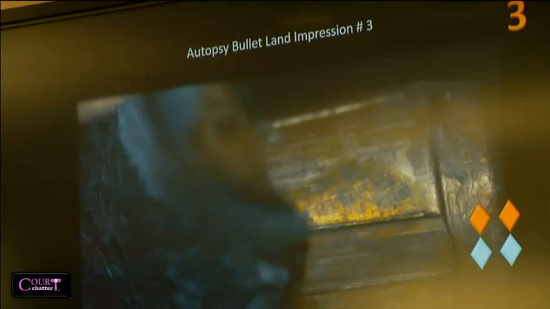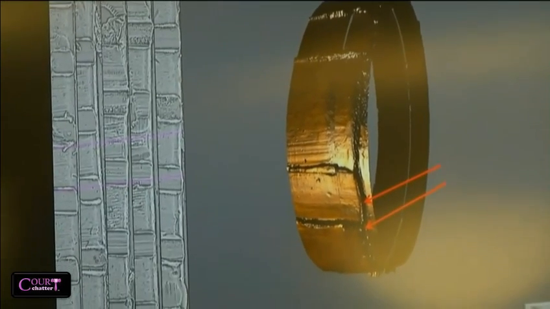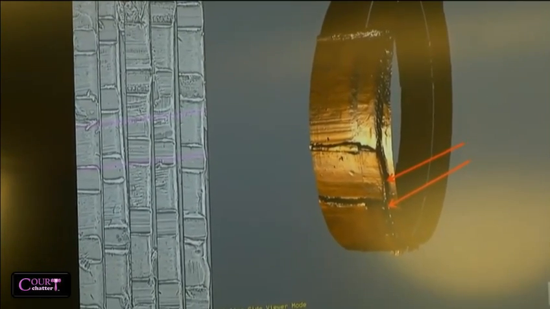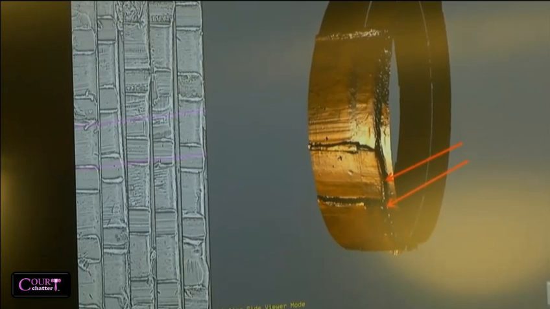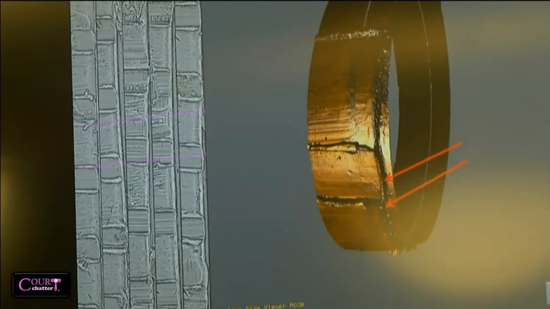And if you click on the upper right orange one, please. What do we see here? This is just another angle. With HD 3D, I can pivot, I can expand, zoom in, zoom out with the item that I'm examining. And I can also maneuver the lighting just like I can with a conventional microscope. If you see this area here, and this area here, there's some microscopic agreement here as well.